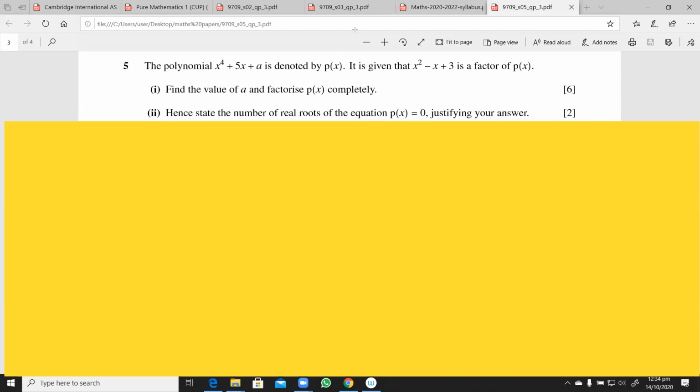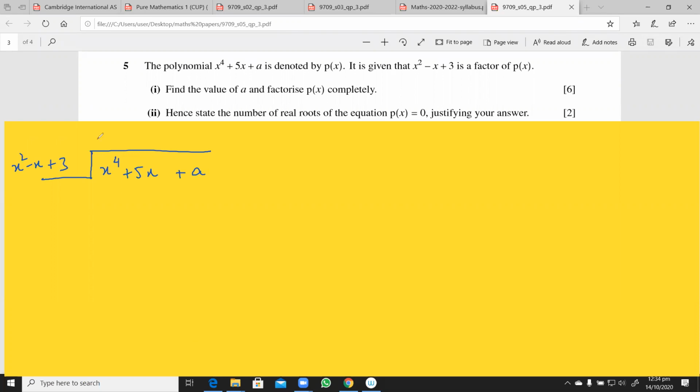But we can still do it. So I'll be doing that quickly. This is x to the power 4 plus 5x plus a divided by x squared minus x plus 3.